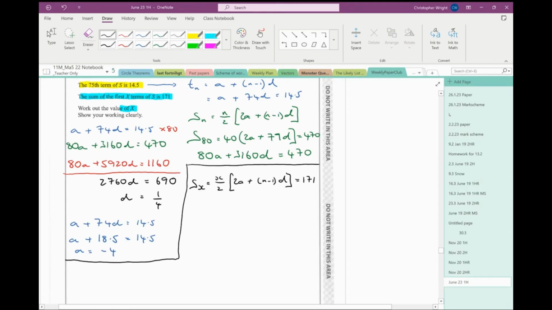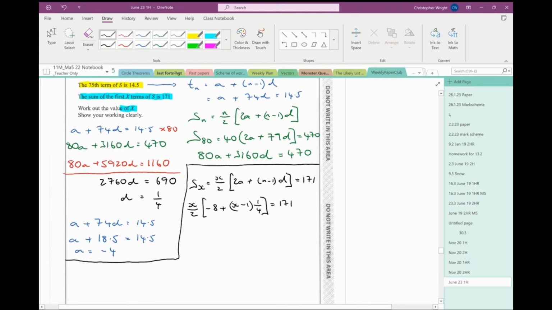So that's going to give me x over 2 multiplied by twice a, it's minus 8, plus x minus 1 times a quarter. That's going to equal 171.